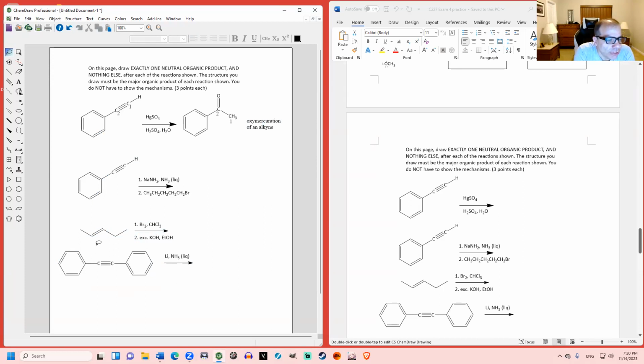The next reaction is formation of a cyclopropane. And we're going to form a cyclopropane across that pi bond.